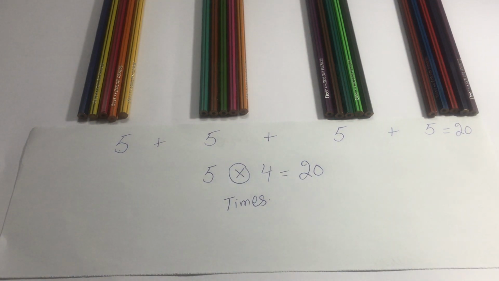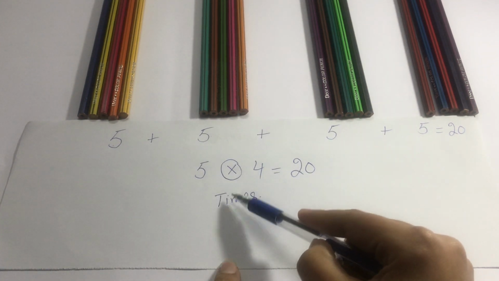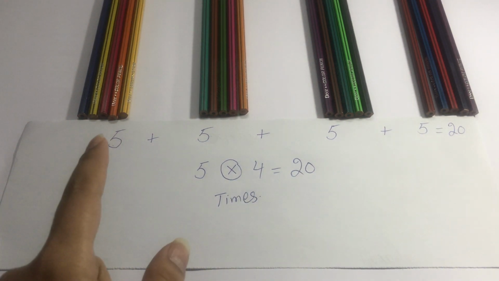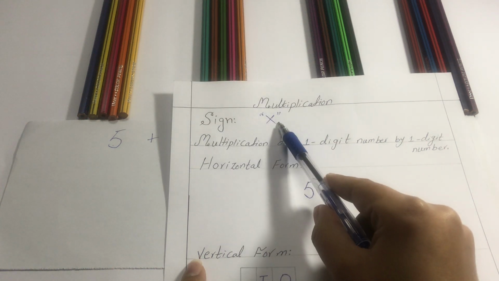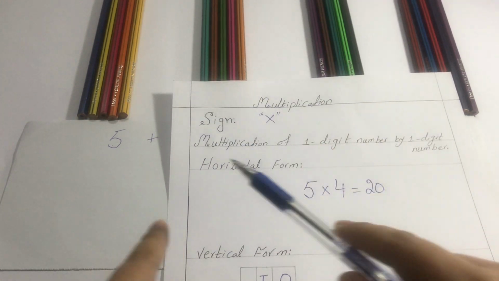If you need to know the answer within 1 minute, you can do it with the help of multiplication. This is the symbol that we use, and this symbol means times, right? This is the sign for multiplication and it means times, right?